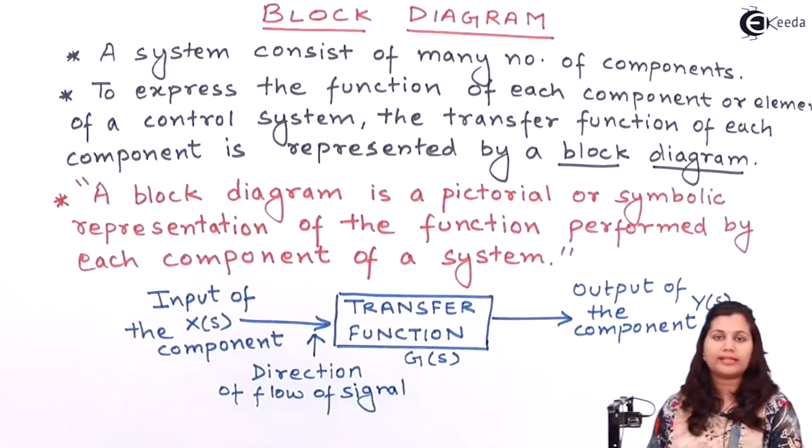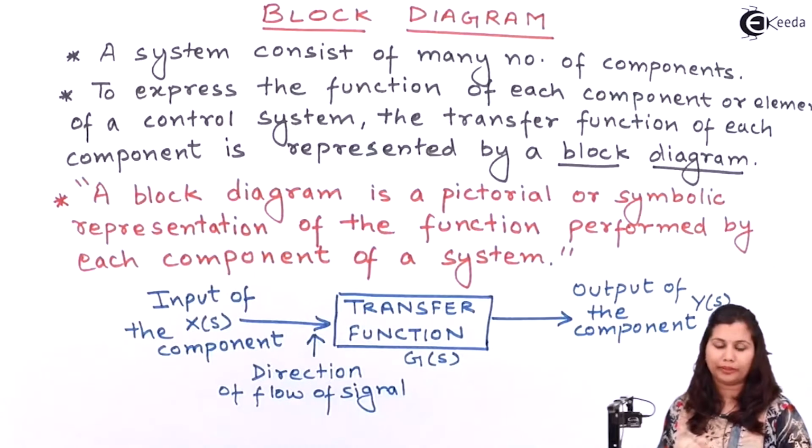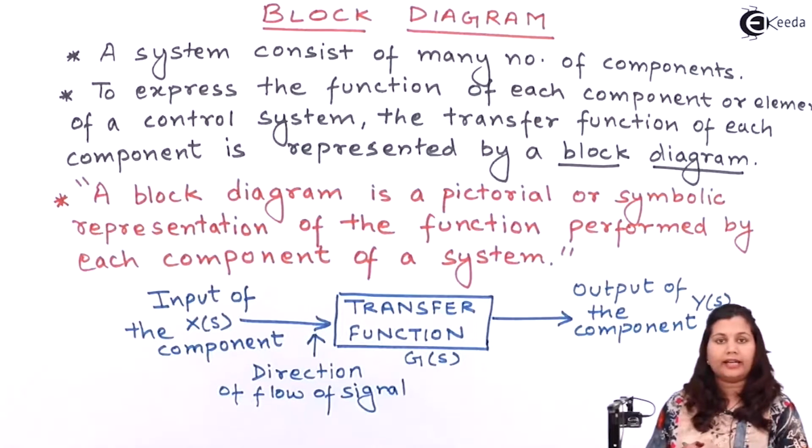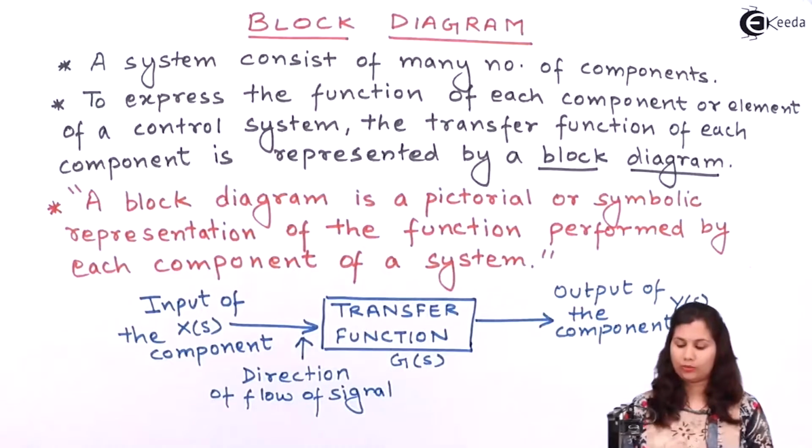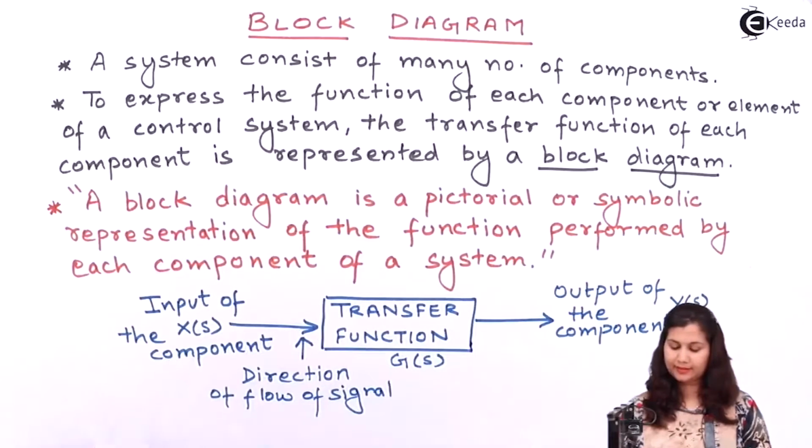Now a system is having many components. Such block diagrams are connected together to form the block diagram of a system. The transfer function of every component is written in the corresponding block. Now we have seen that this is the block diagram of a component.